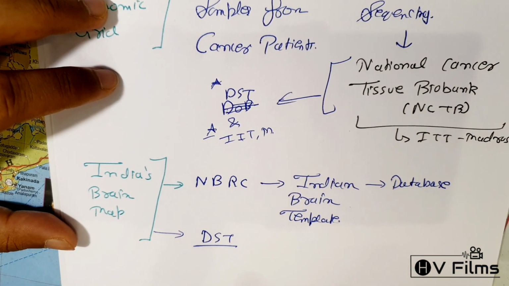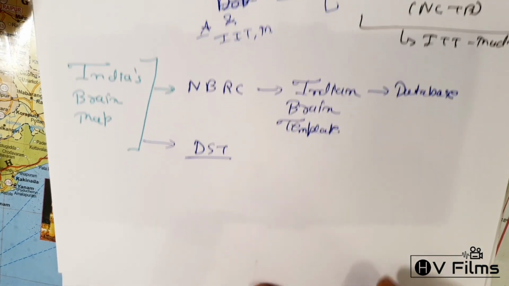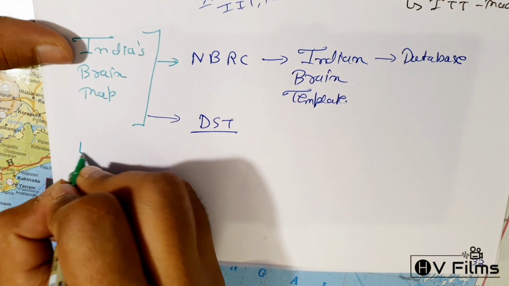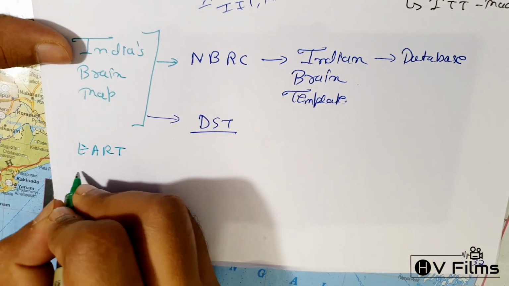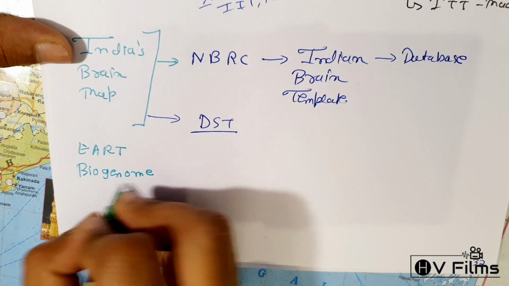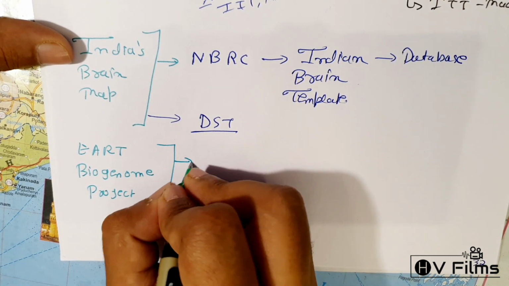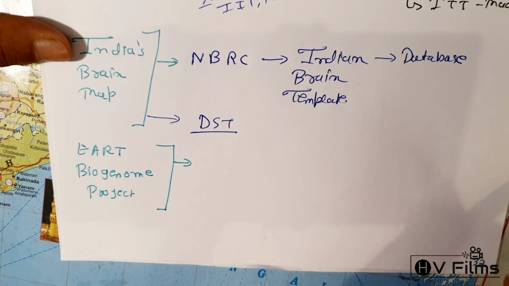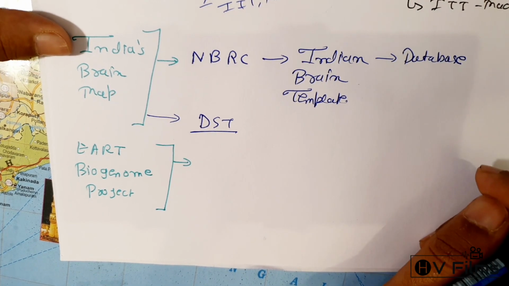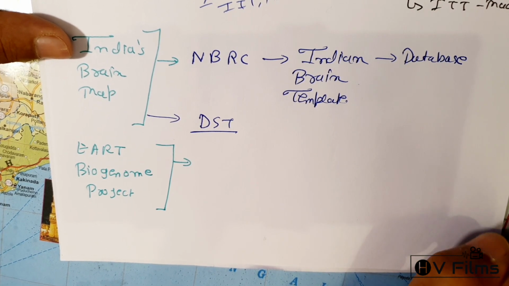The next one that we're going to discuss will be the Earth Biogenome project. Now, it is an international collaboration to sequence and digitize the genomes of every eukaryotic biodiversity on Earth over a period of 10 years.